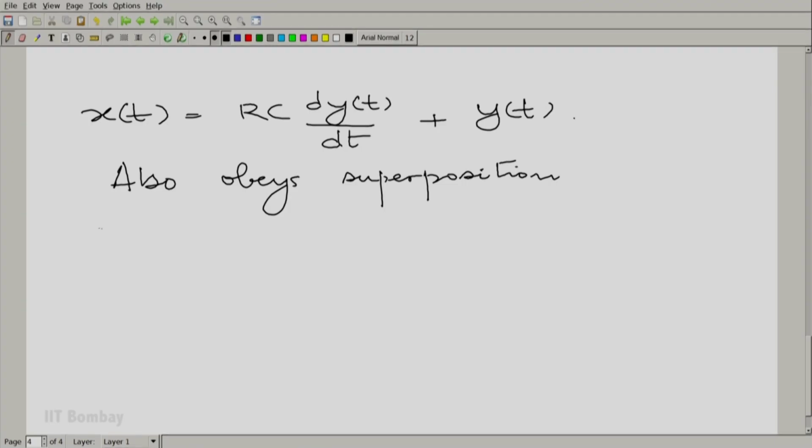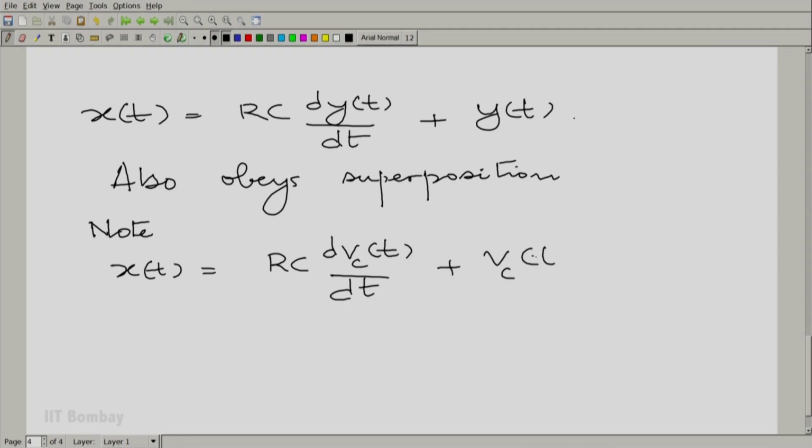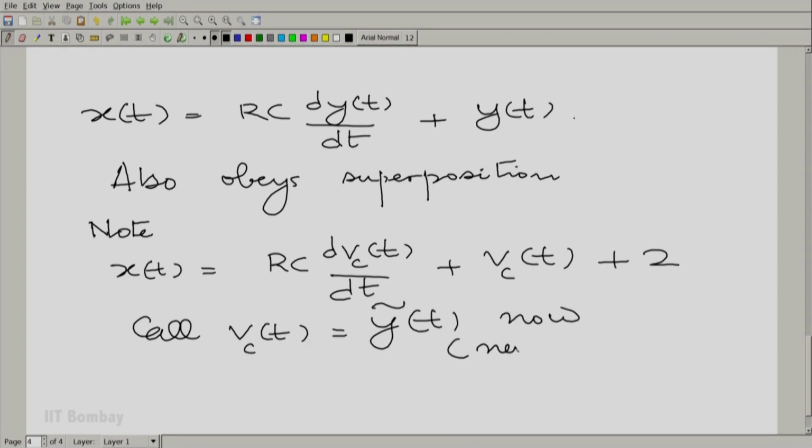But now write the equation back in terms of Vc(t) and call Vc(t) the output. So, in other words, note that x(t) is equal to RC dVc(t)/dt plus Vc(t) plus 2, and call Vc(t) as y tilde(t), a new output.